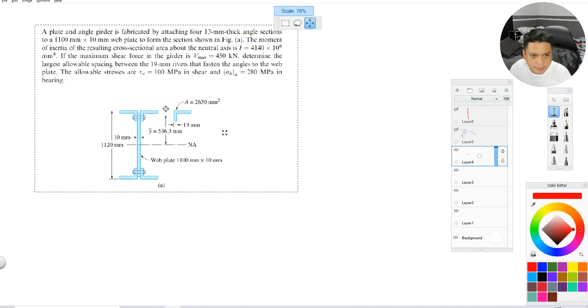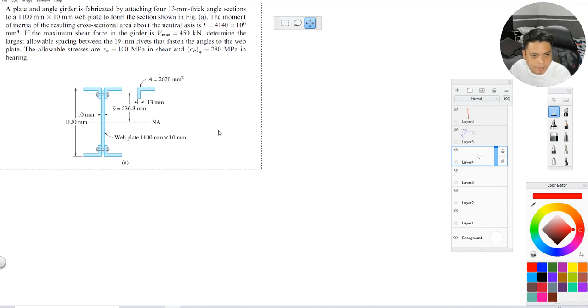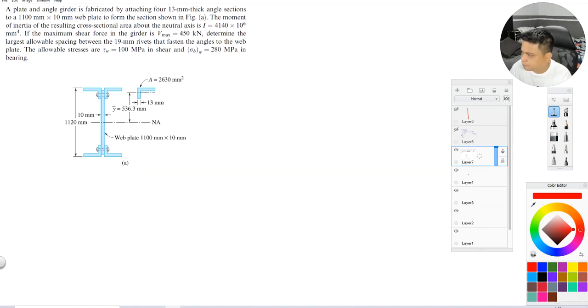Itan ko lang konti kasi mahaba-haba yung problem eh. So, a plate and angle girder is fabricated by attaching four 13mm thick angle sections to a 1100mm by 10mm web plate to form the cross-section in figure. The moment of inertia of the resulting cross-section, so yung binigay ng buong moment of inertia, 4,140 times 10 to the 6 mm to the 4th.